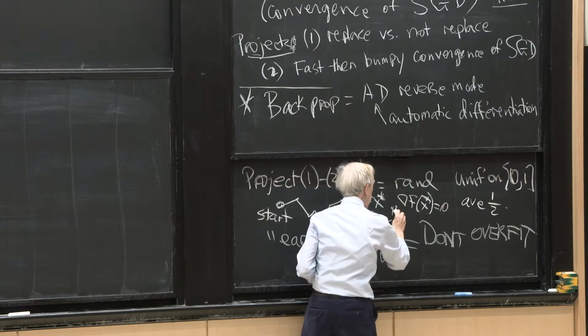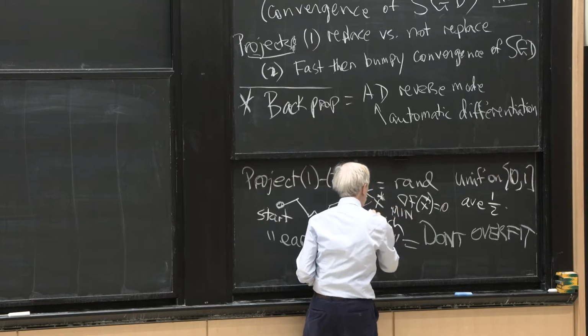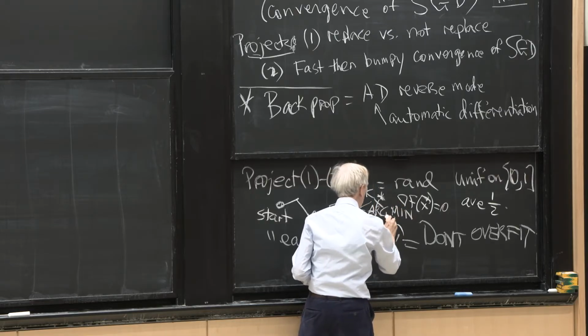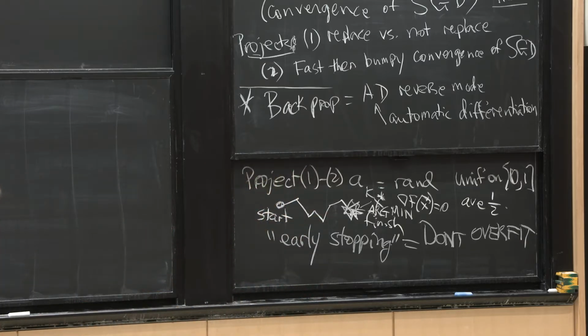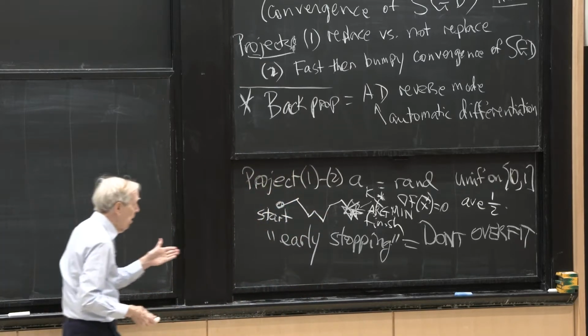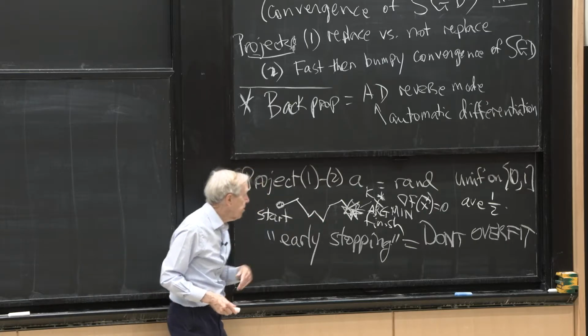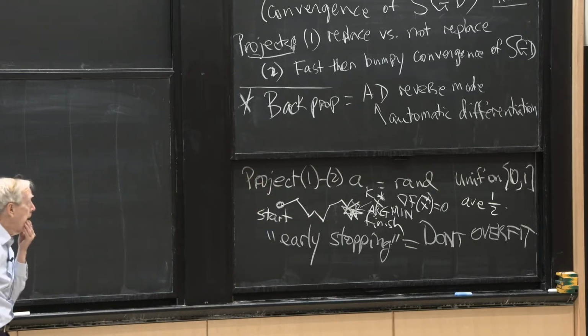That's the minimum point. That's argmin. That's exactly what we're looking for. And we don't find it very well, but we get close to it fast. Okay, two ideas on projects.